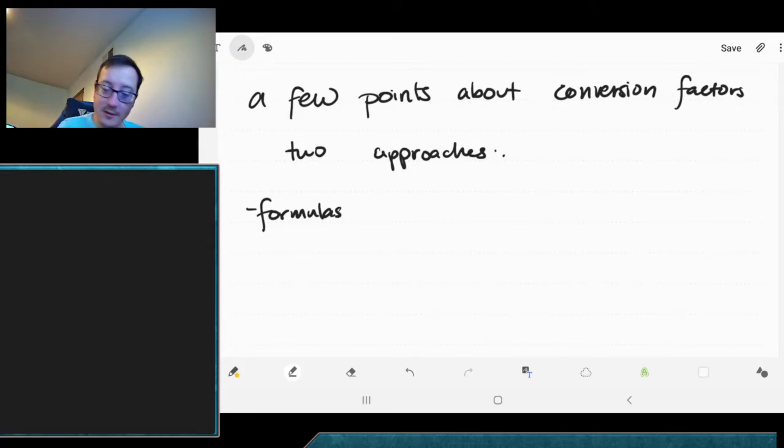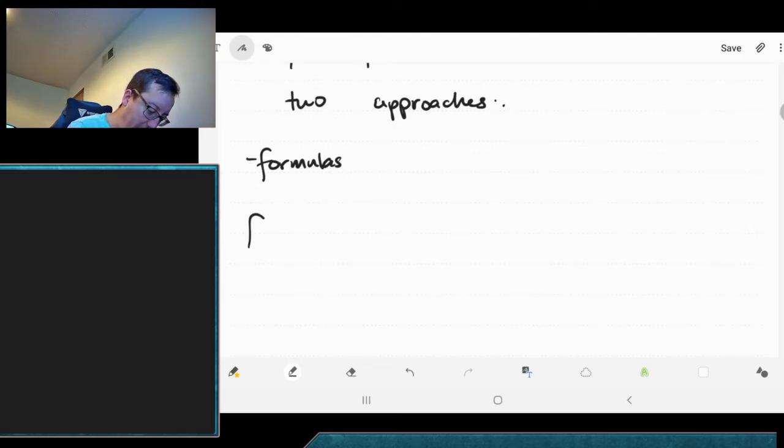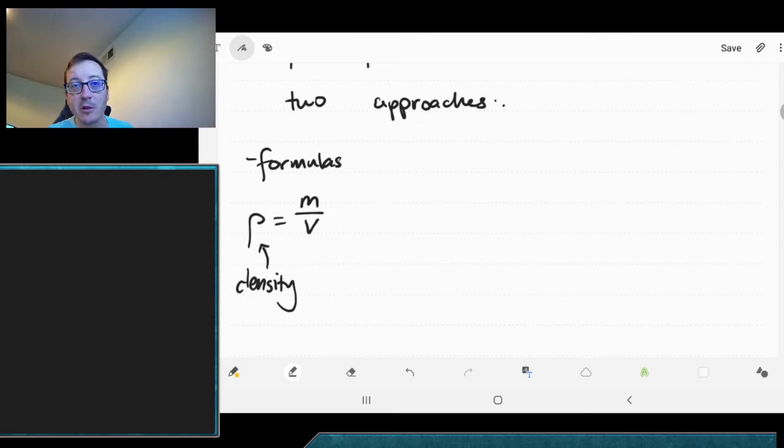For example, you might have something like this. This is the density formula. That's the Greek letter rho. It's not a P, but it's kind of a P. R-H-O. There we go.